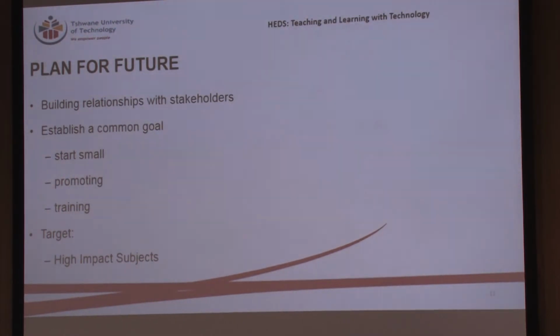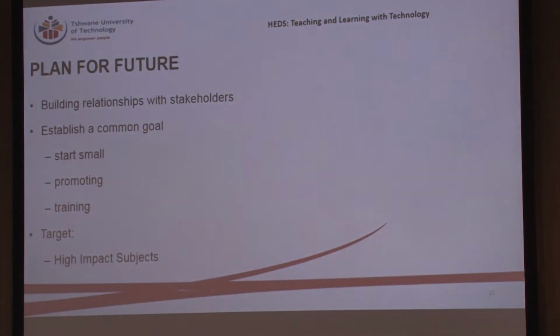They are dumped with them at the last minute, at the end of the semester or term. By that time, the student has lost hope already, and they think there's nothing that can be done. So we thought of building relationships with the different stakeholders on campus so we can establish a common goal of retaining students and improving success rate.